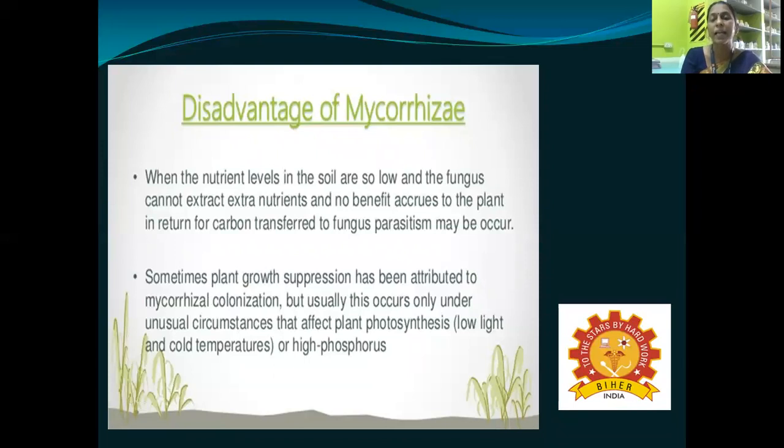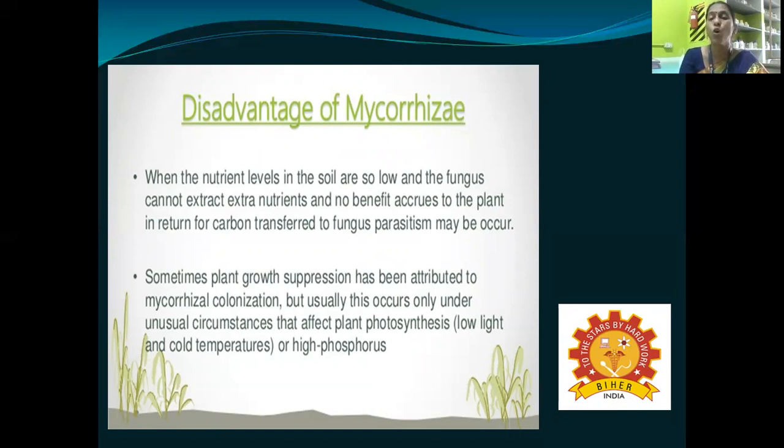But what are the disadvantages of mycorrhizae? When the nutrient levels in the soil are so low and the fungus cannot extract extra nutrients or benefits to pass on to the plant, then the carbon transfer to the fungus is called parasitism.